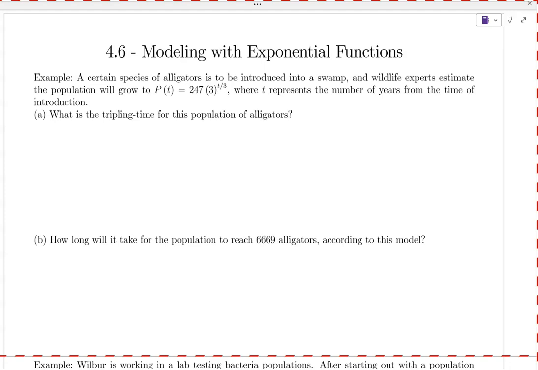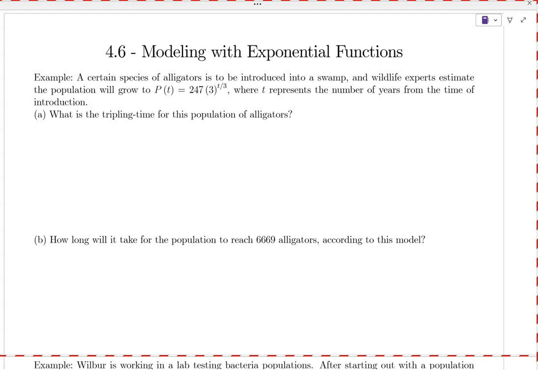Well, notice that it says the population is at a time t, where t is the number of years after they were introduced. Well, if you want to know the initial number of alligators, what would you plug in for t? 0, yeah. Because time 0 is when they were introduced, right?